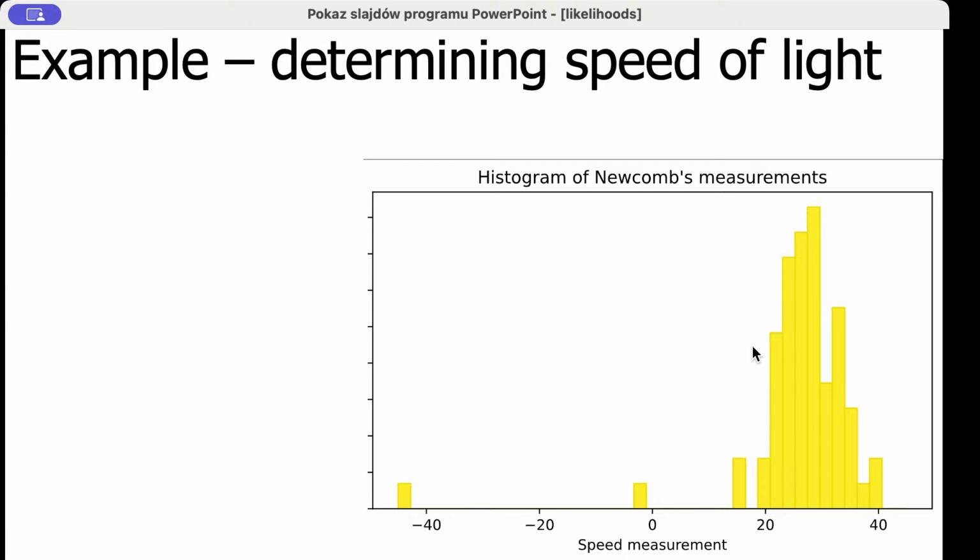One example of using the normal distribution is determining the speed of light. This is the so-called Newcomb experiment, whose data is publicly available, of how to estimate the speed of light. This is not estimated, of course, on the scale of kilometers per second.